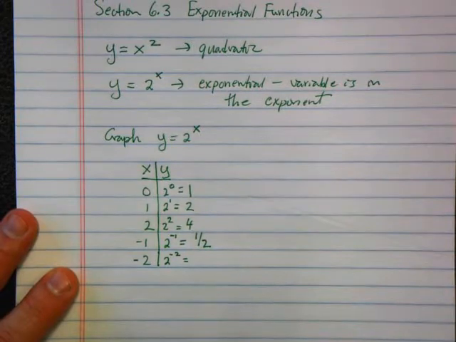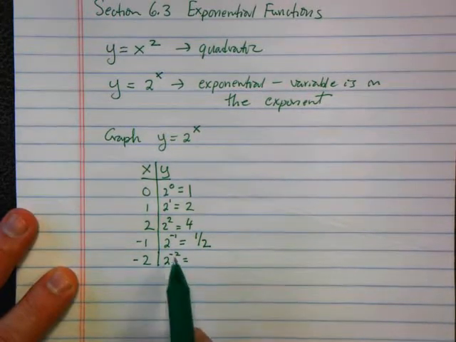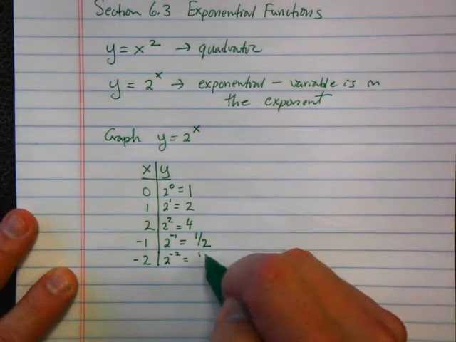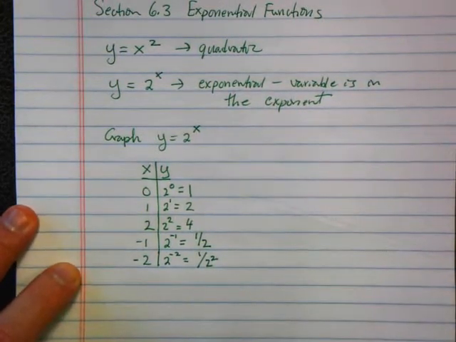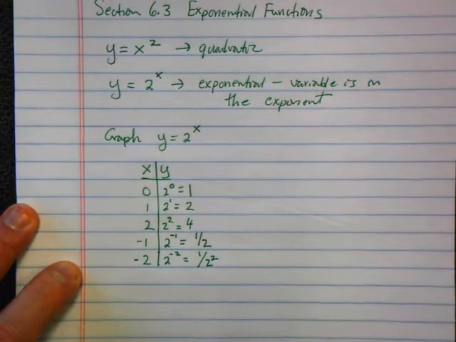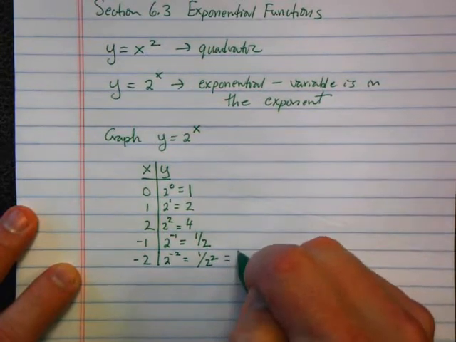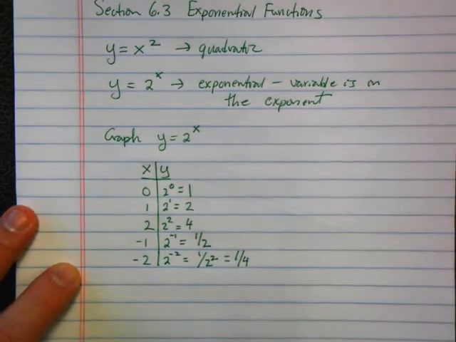Negative exponents don't give negative answers. What do negative exponents do? They make fractions. So this negative power is going to drop that to the bottom. So that's going to be 1 divided by 2 squared. But 2 squared is just a fancy way of saying 4. So that's just 1/4. Negative exponents never give negative answers. Negative exponents make fractions.